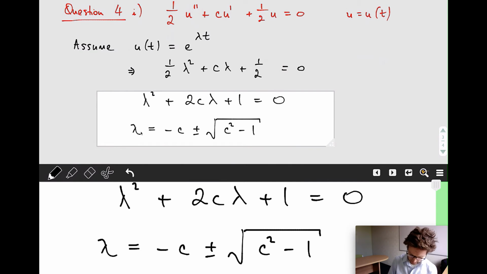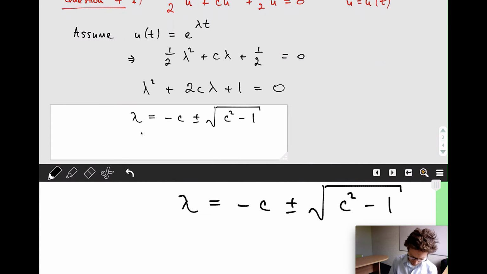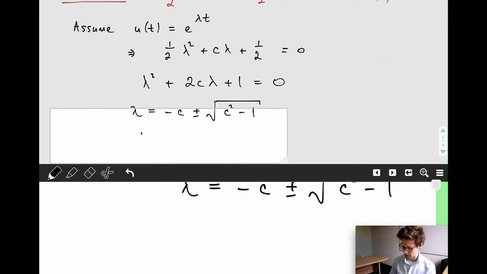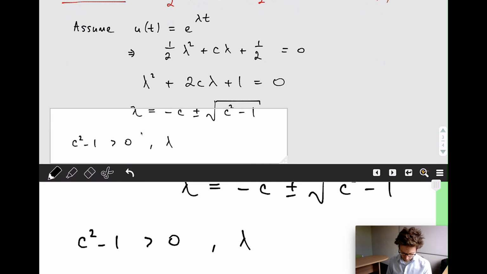So let's take a look at that discriminant, the term inside the square root, and use that to distinguish the different possibilities. So when c squared minus 1 is positive, we get lambda 1 and lambda 2 are unequal real roots.